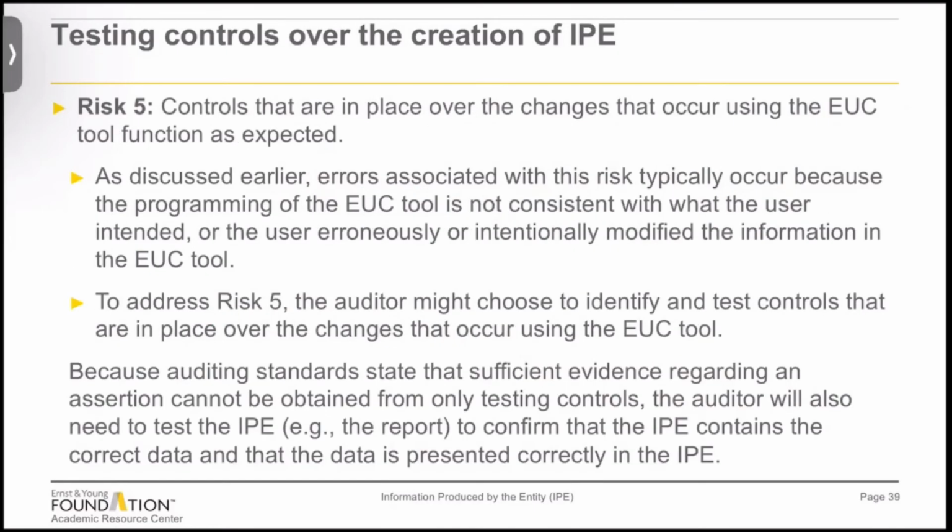Okay? For risk 5, controls that are in place over the changes that occur using the EUC tool function as expected. So as discussed earlier, errors associated with this risk typically occur because the programming of the EUC tool is not consistent with what the user has intended, or the user erroneously or intentionally modified the information in the EUC tool.